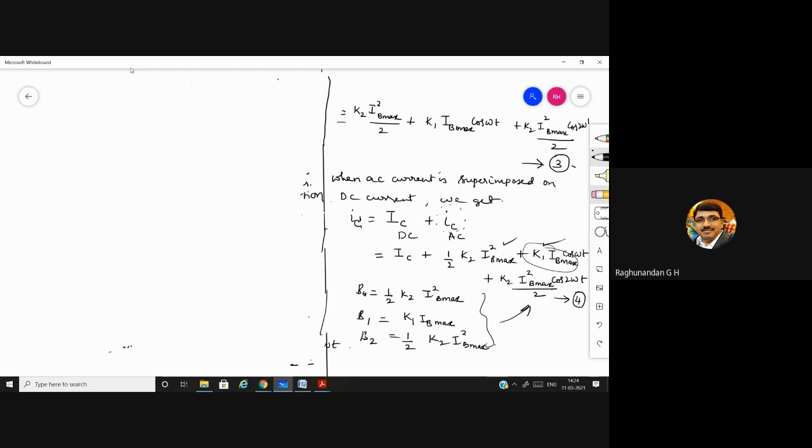We get IC is equal to capital IC plus B0 plus B1 cos omega t plus B2 cos 2 omega t. So this is our fifth equation.